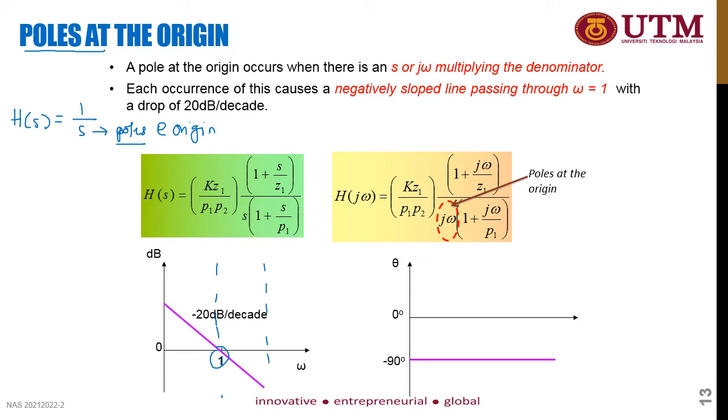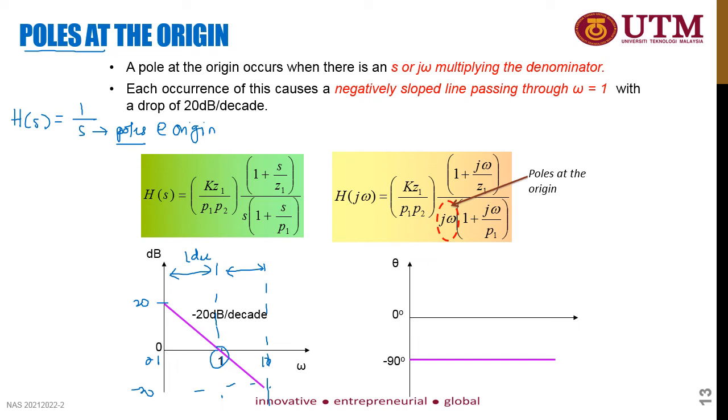Here is 0.1, which is 20 dB, and for each decade the line decreases by 20 dB, negative 20.